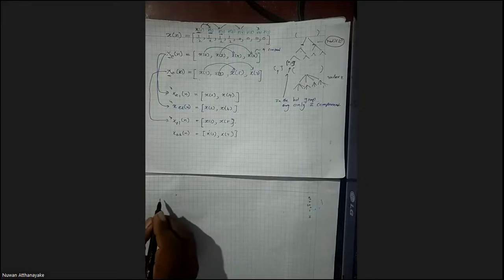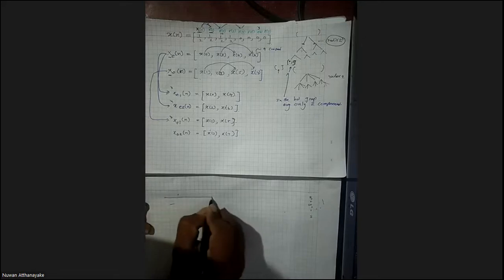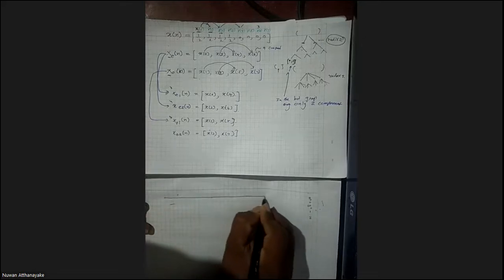Let me find a ruler. I can't find one, so I will just write here like this. This will be my first line, 1.